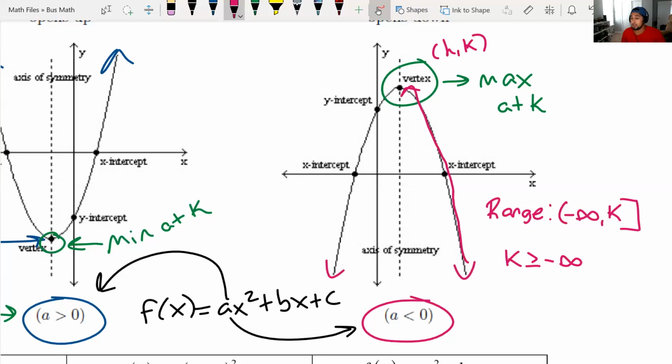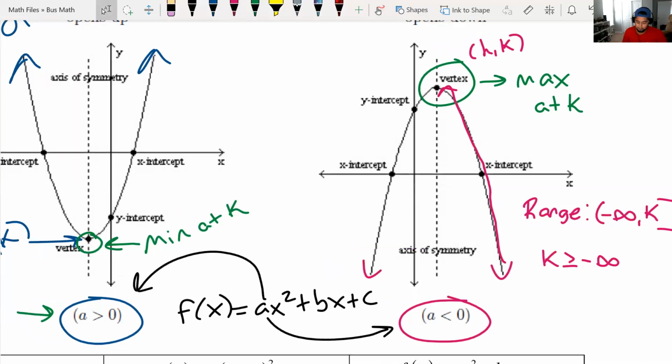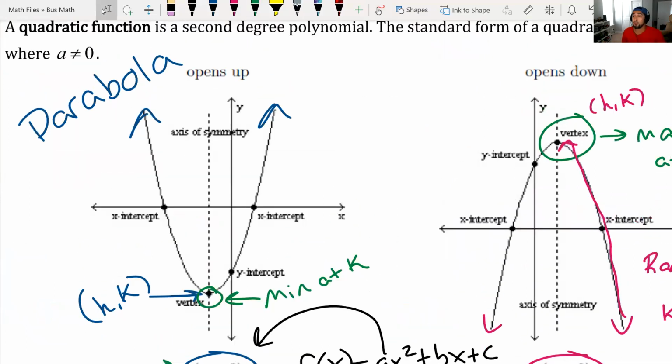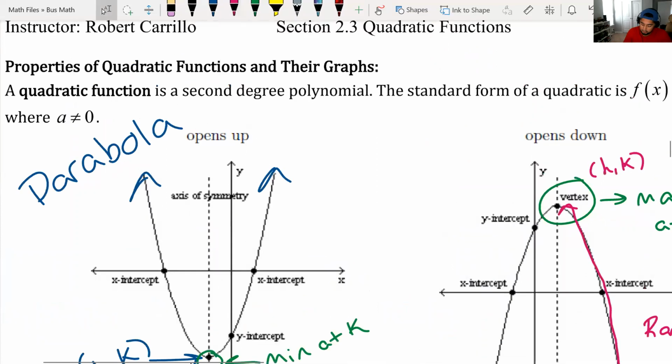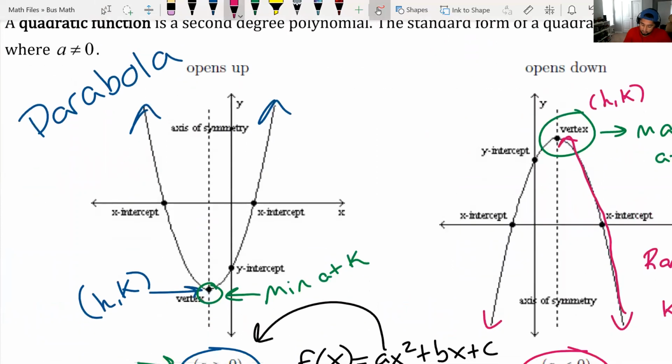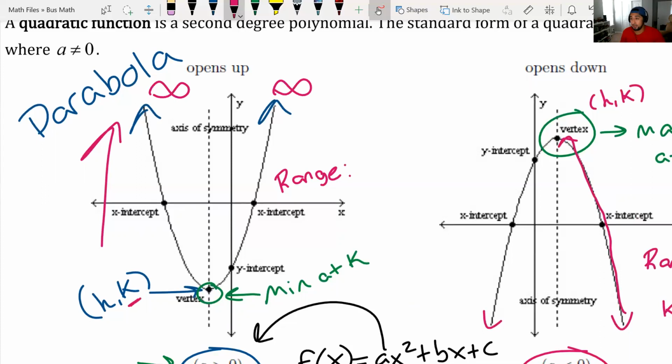And then the next one says, if your parabola opens up, then your range, well, let's look. Our graph starts down here at k and heads up towards infinity.